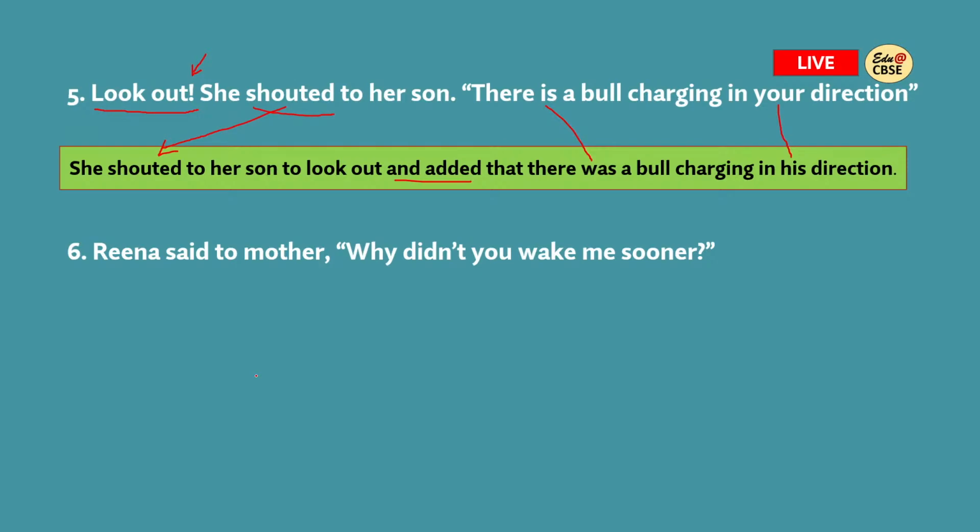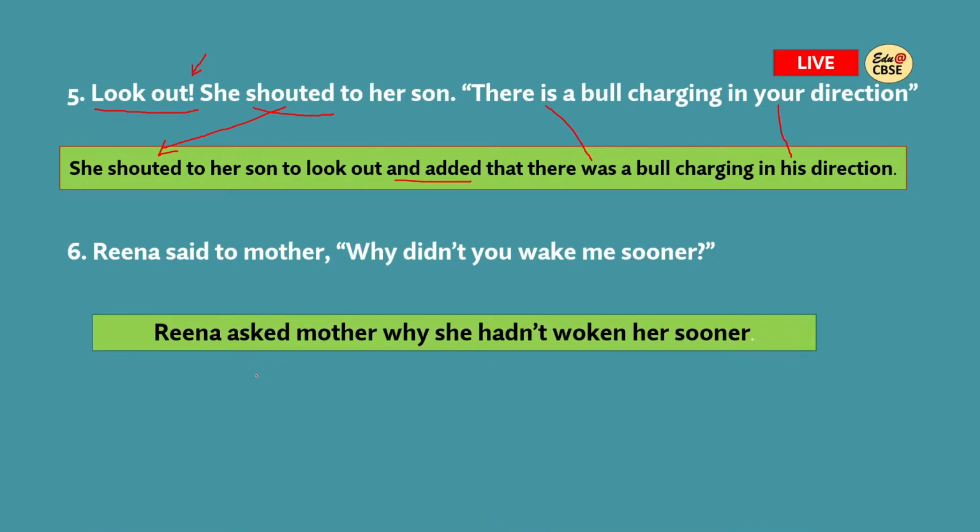Okay, so we are getting the answers, and I think I've got my answer. Reena asked mother why she hadn't woken her sooner. So nobody has given me this answer, hadn't. So if you remember, the rule is did not changes into had not.